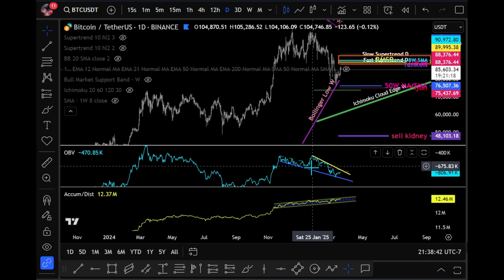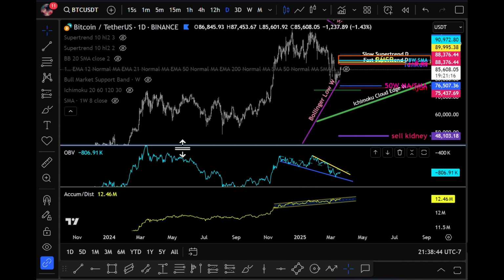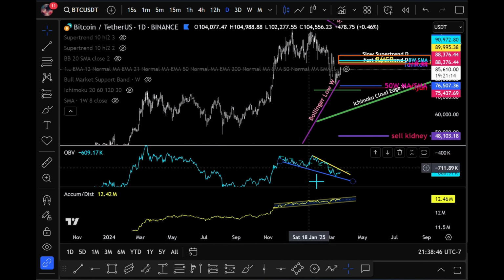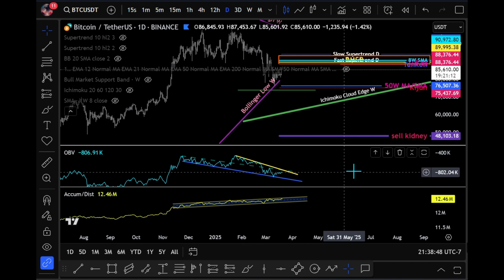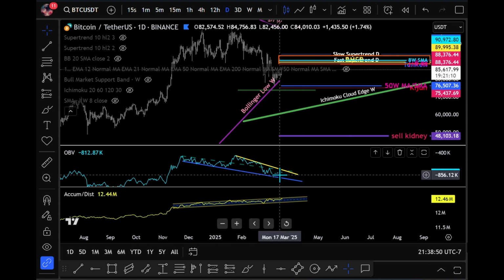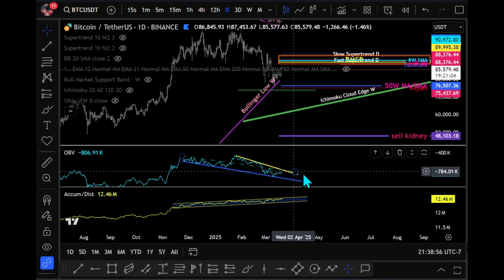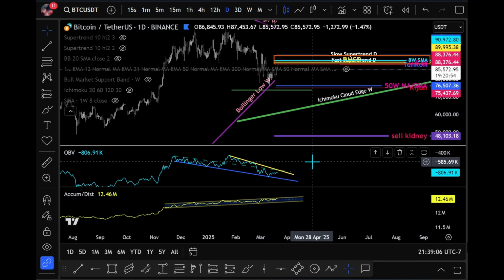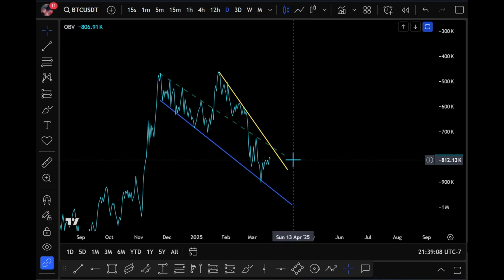So I'm just going to go through them, explain how I look at them, how I use them, and how these other indicators give me a sense of when I am increasing my attention towards one particular bias. The first one will be on balance volume.